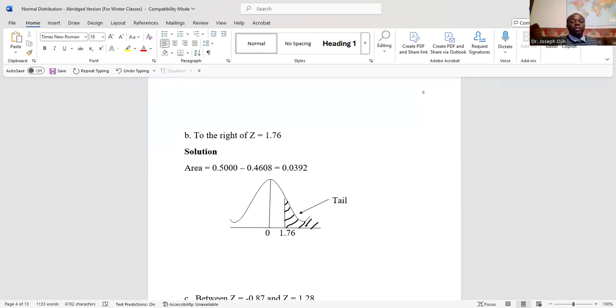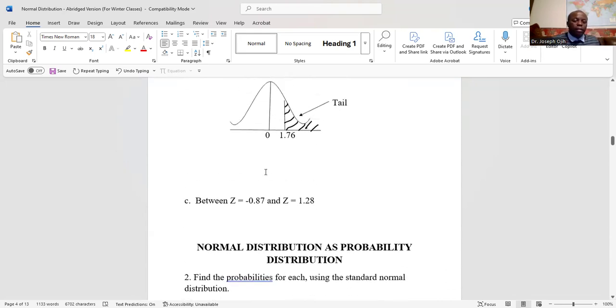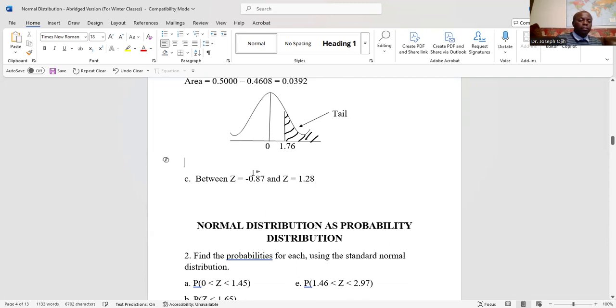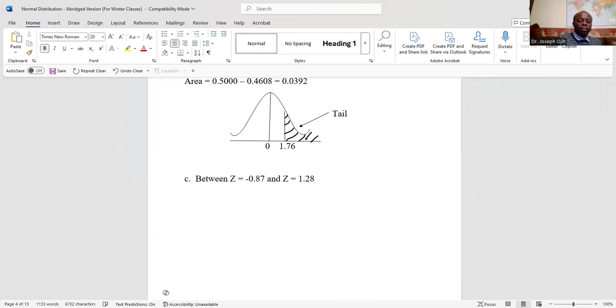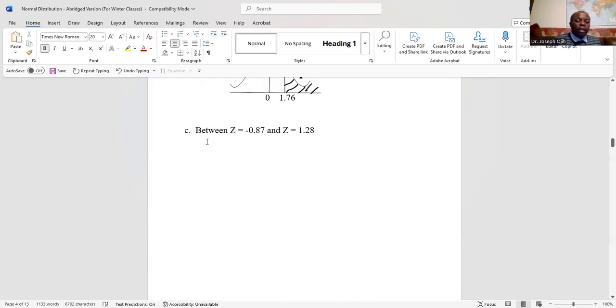Now, any question on this? Okay. No question. Excellent. Now, we can do part 3. Again, as you see, we have between negative 0.87 and positive, z equals 1.28.